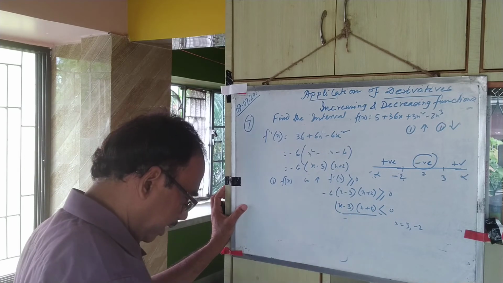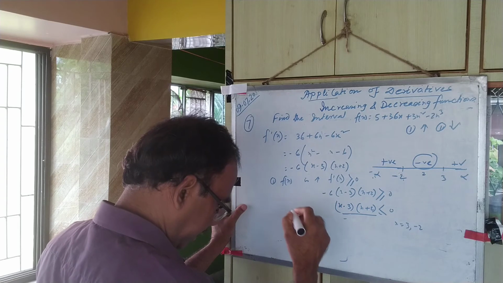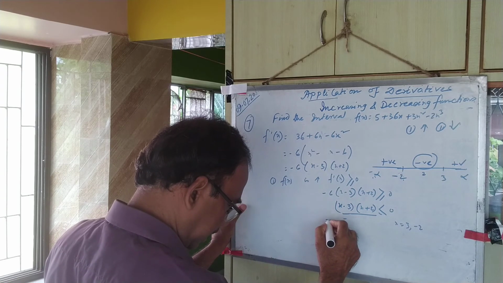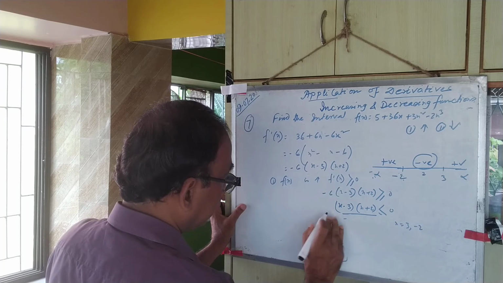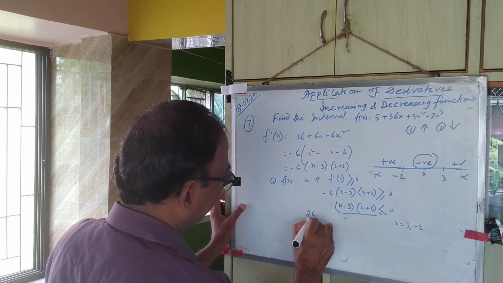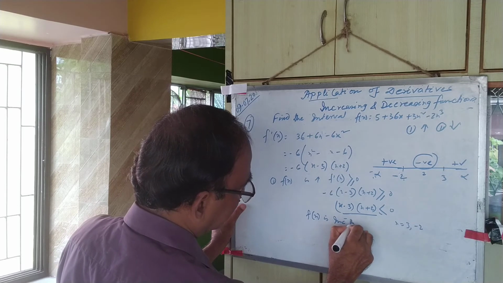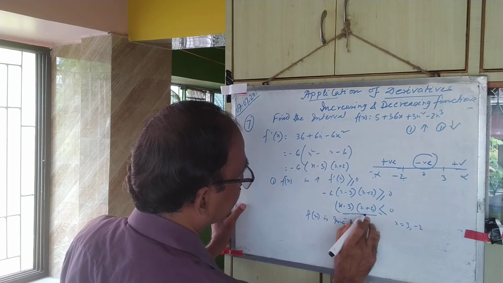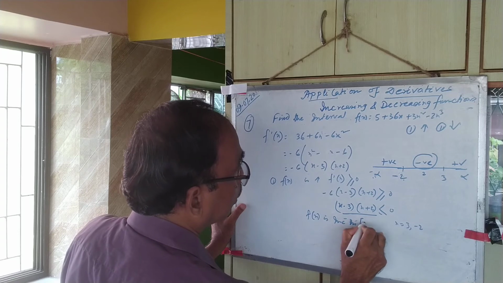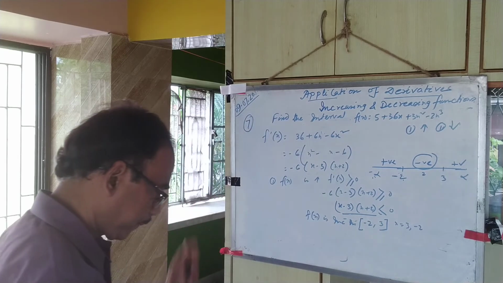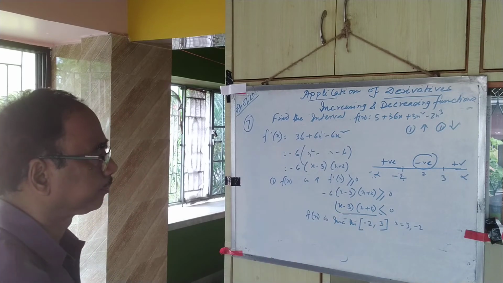So f(x) is increasing in the interval x belongs to minus 2 to 3, including the endpoints.